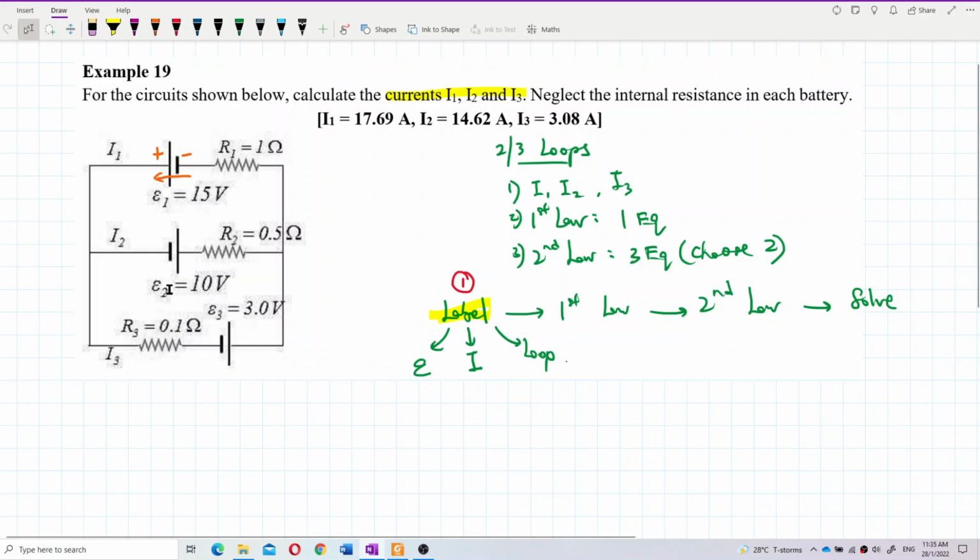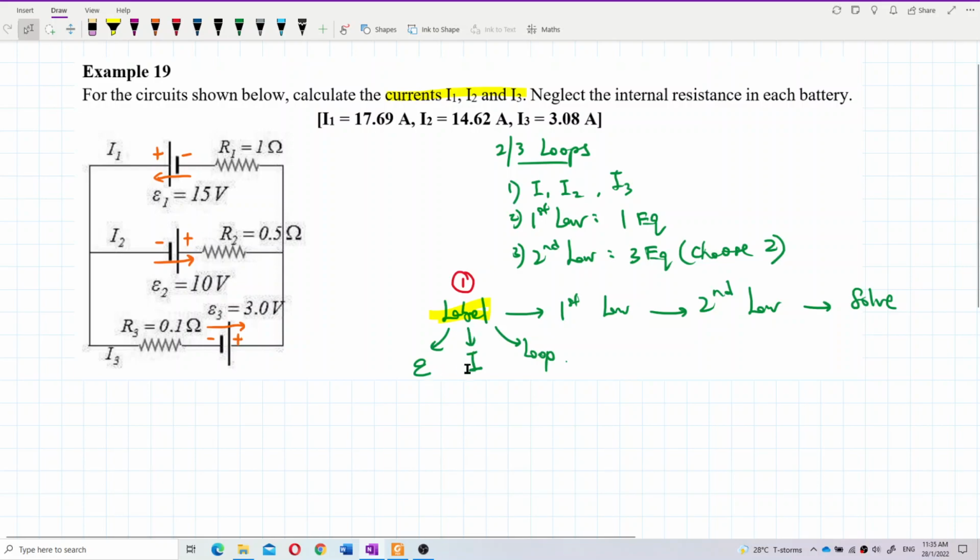For E2, also from negative to positive, but this one is in the opposite direction, to the right. And for E3, also from negative to positive, the direction is to the right. So we have finished labelling the EMF.